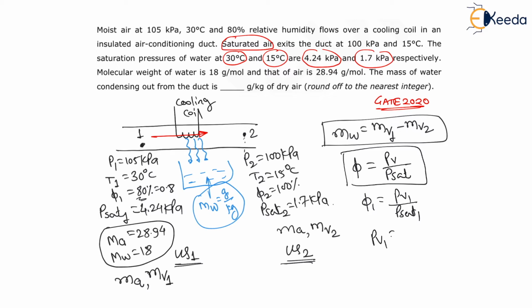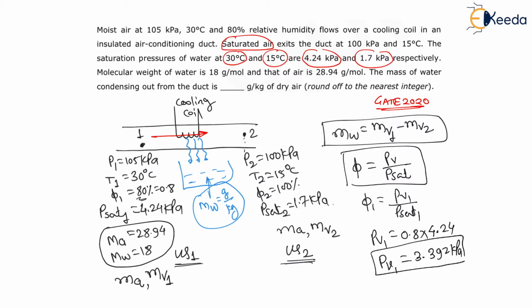Therefore, vapor pressure at 1 will be equal to phi1, which is 0.8, into saturation pressure at 1, which is 4.24. From this we will get vapor pressure at 1 equal to 3.392 kilopascal.